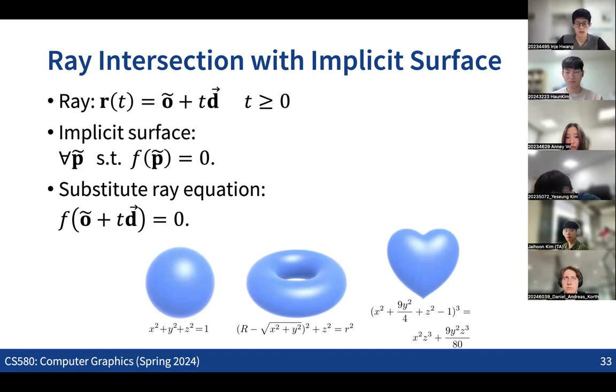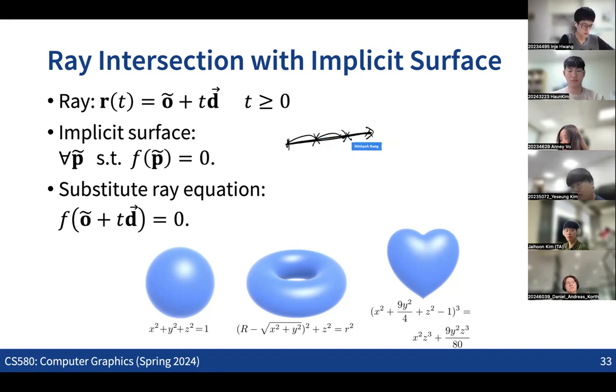So when we have implicit surfaces, how can we find the intersection point between the ray and these objects? Well, the simplest way is to march the ray. From the starting point, along this direction, we make steps. At every step we check whether the point is exactly on the surface or not.